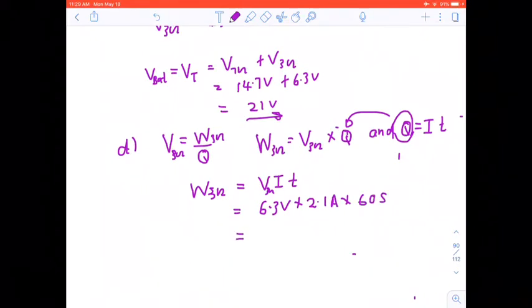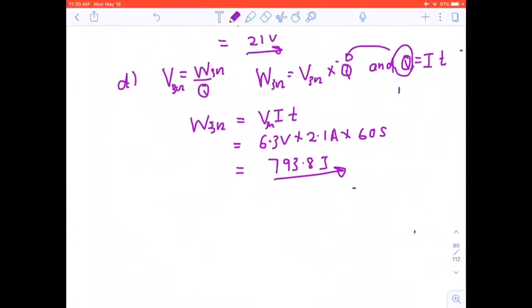We multiply that out and you get 793.8 joules. So that is the amount of work that is done in the 3 ohm resistor by the battery.